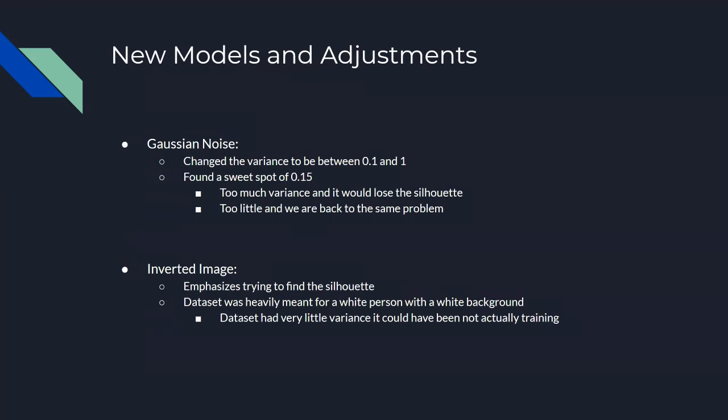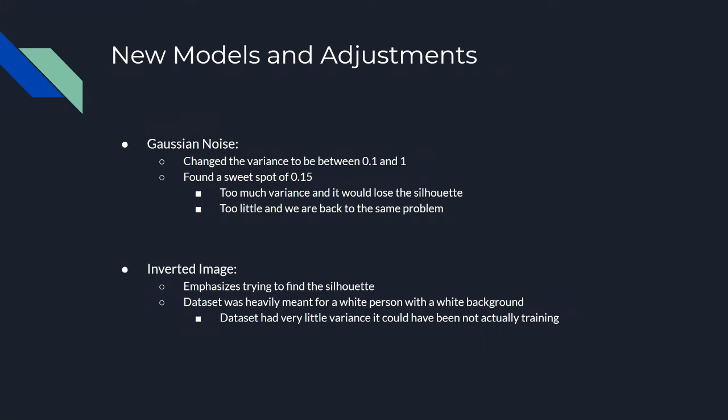As Nia just said, for the Gaussian noise we ended up giving it a mean of 0 with a variance between either 0.1 or 1. We found a sweet spot at 0.15 after doing many different models, and we selected that one because it tended to have the best accuracy.